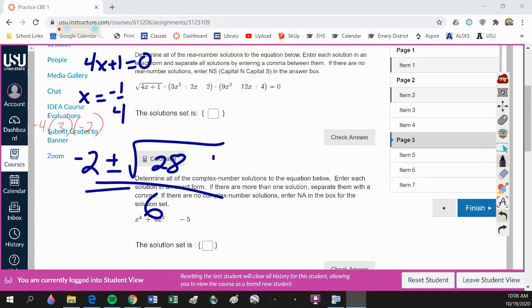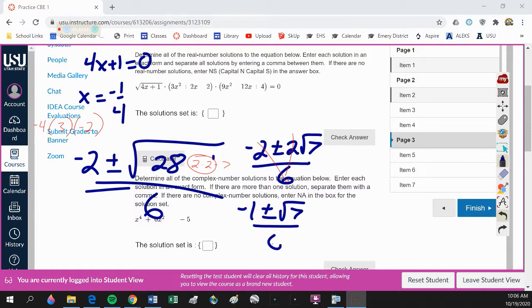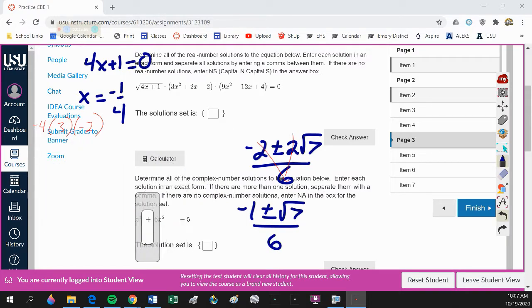So we square root the 4, and it becomes a 2. What's left over? A 7. So what I'm saying is 28 is 2 times 2 times 7. We bring out the 2 times 2, and I get negative 2 plus or minus 2 root 7 over 6. These all share a 2, so negative 1 plus or minus the square root of 7 over 3.